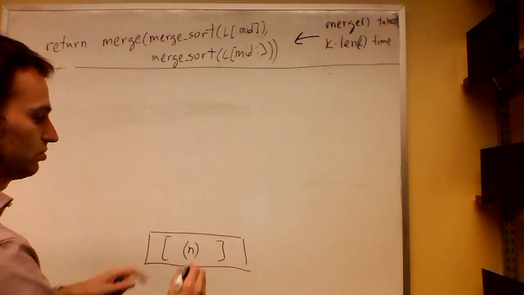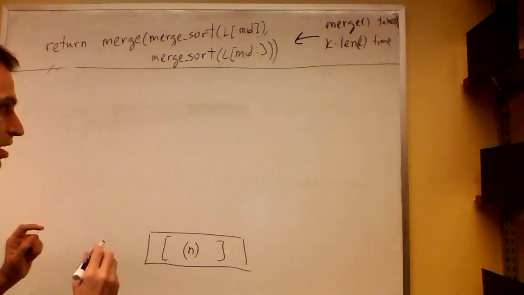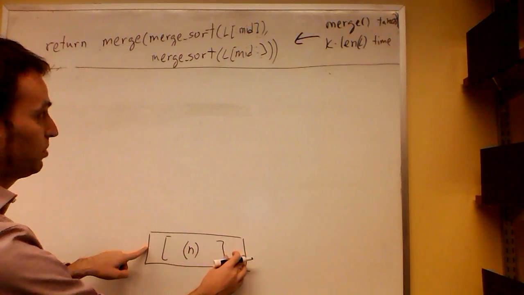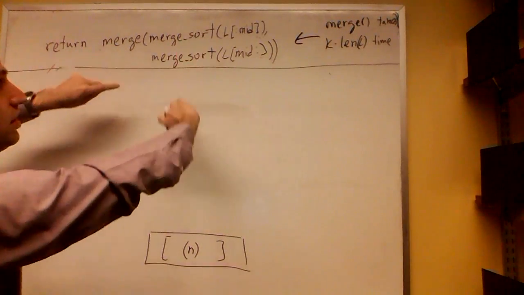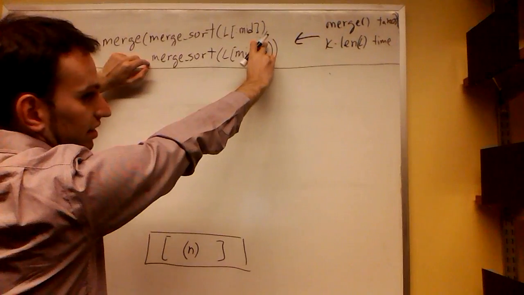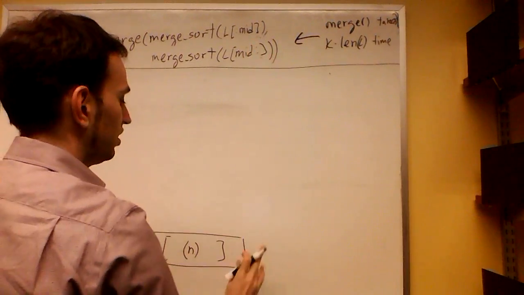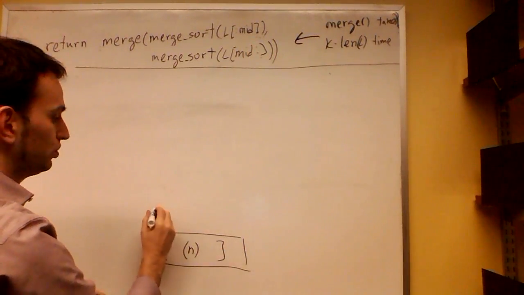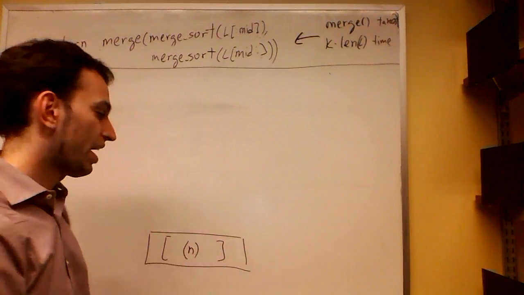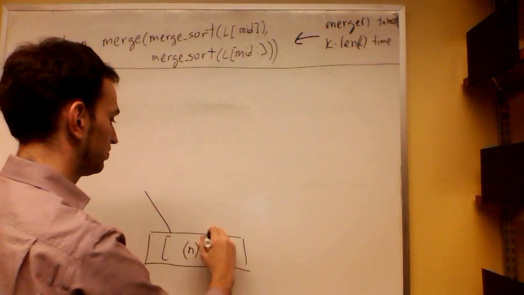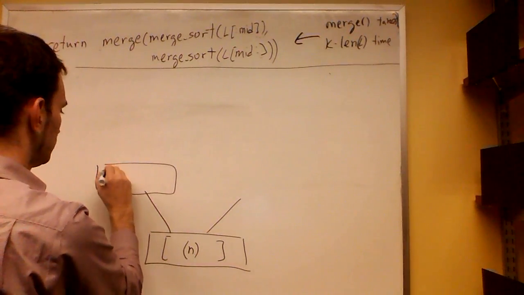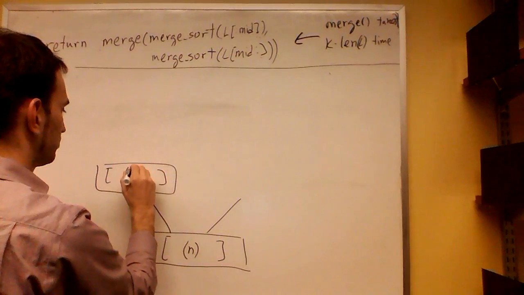This call to merge sort is going to get to this line and it's going to say, okay, I got to compute this thing and I got to compute this thing. So that means that this call to merge sort is going to produce two calls that would try to sort two lists of length n over 2. So it's going to look kind of like that.